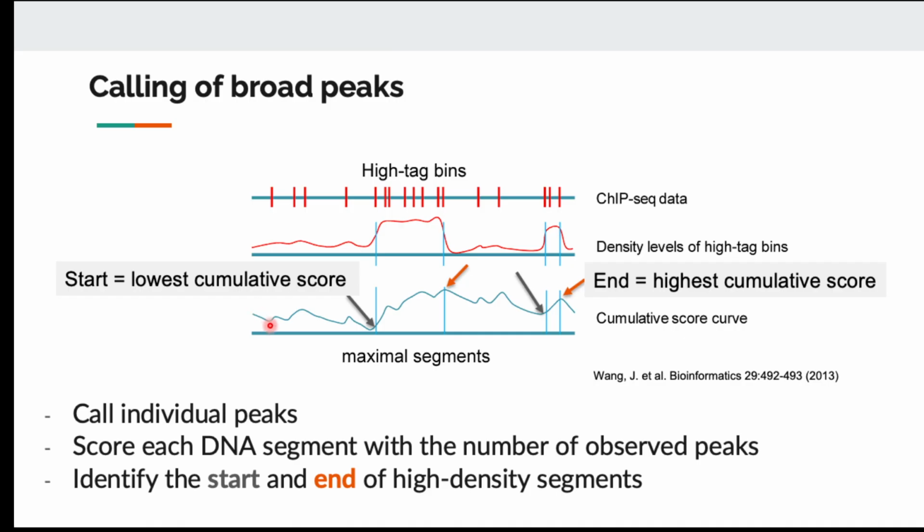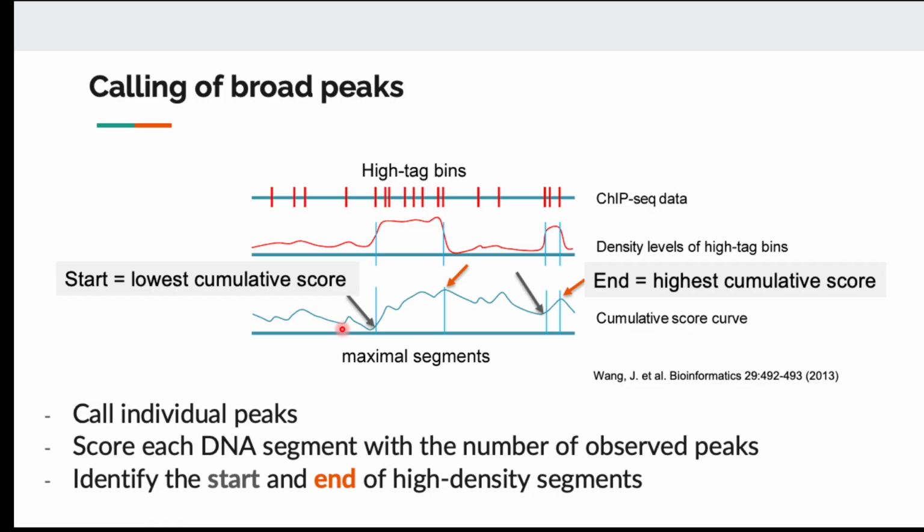Let's follow this graph. This is the cumulative score. Whenever we see a histone peak, we increase the score, let's say by the read count. If we don't see the histone peak, we reduce the score. When we see the histone peak again, we increase the score. When we don't see the histone peak, we reduce the score.